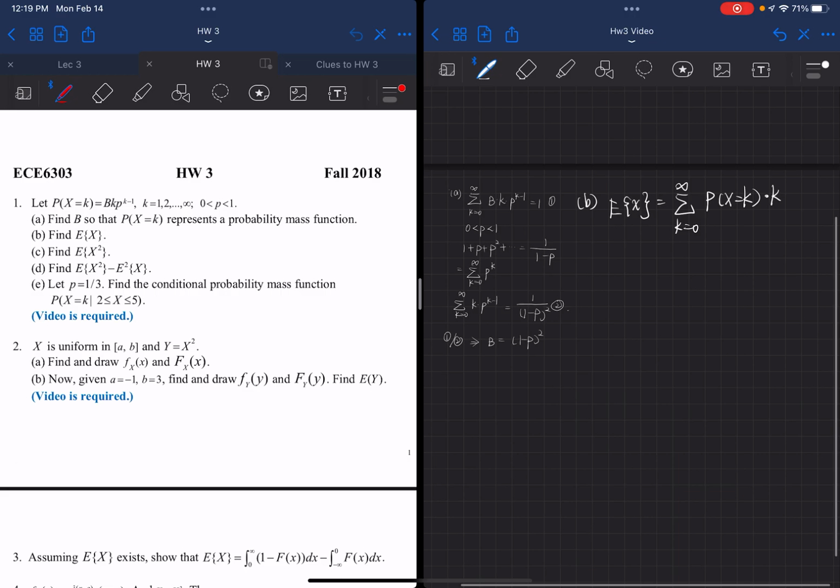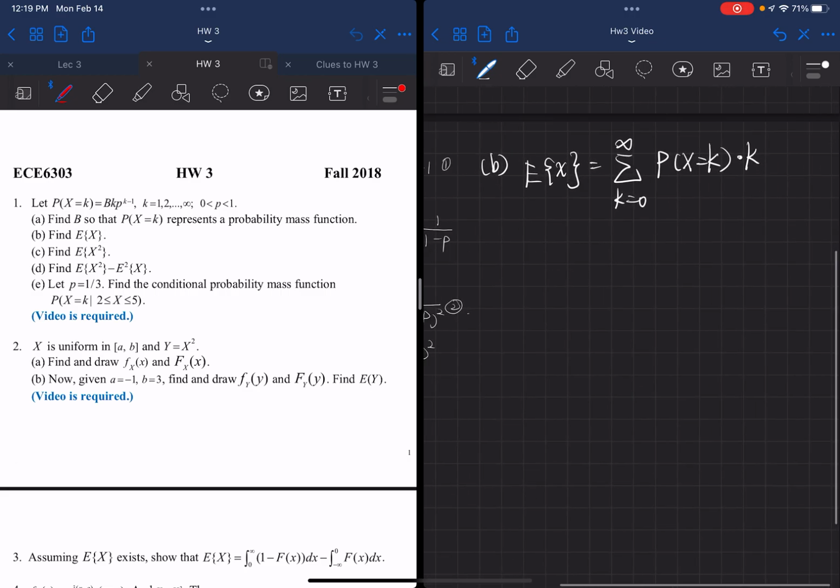And plugging in the formula we get from part A, we have k to the power of 2 times 1 minus p to the power of 2.